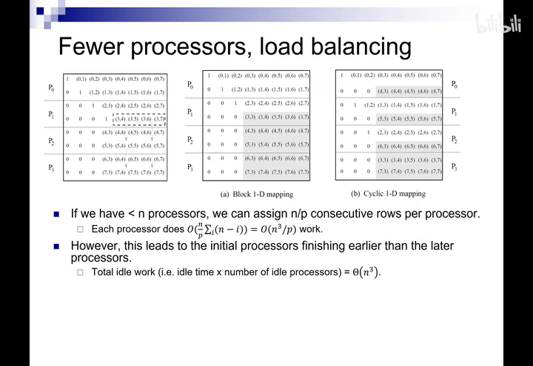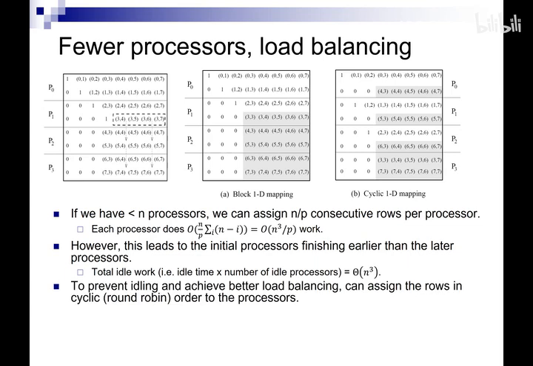And this guy is going to be idle for something less than n squared, but still close to n squared. So in general, the average idle time is going to be order n squared for these different processes. And we have n processes, so the total idle time is going to be order n cubed. So the total idle time and the total computational time are of the same order. We're wasting basically half of our time on average.